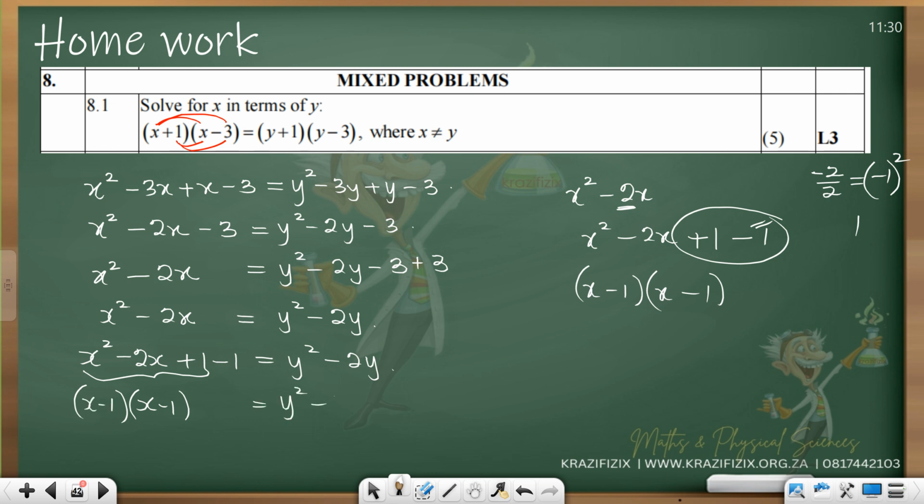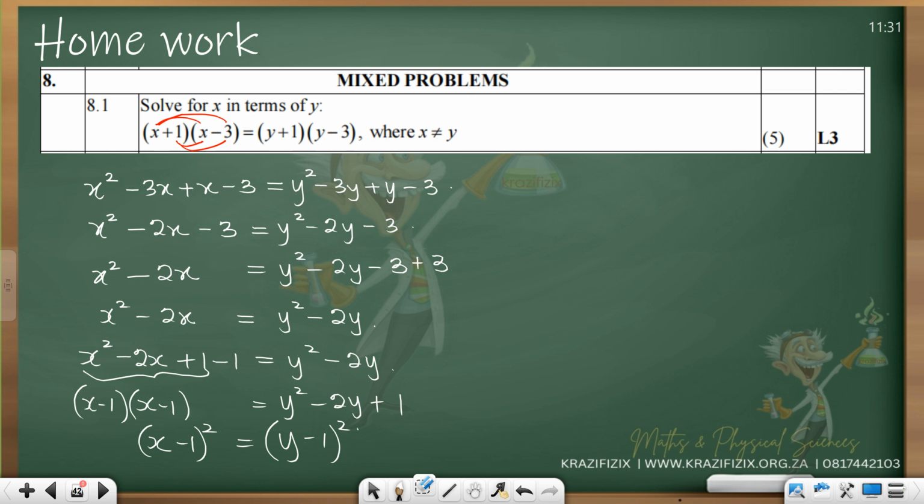This is y squared minus 2y plus 1. That's also, all right. So what do we have? x minus 1 squared equals y minus 1 squared. Okay. Interesting.